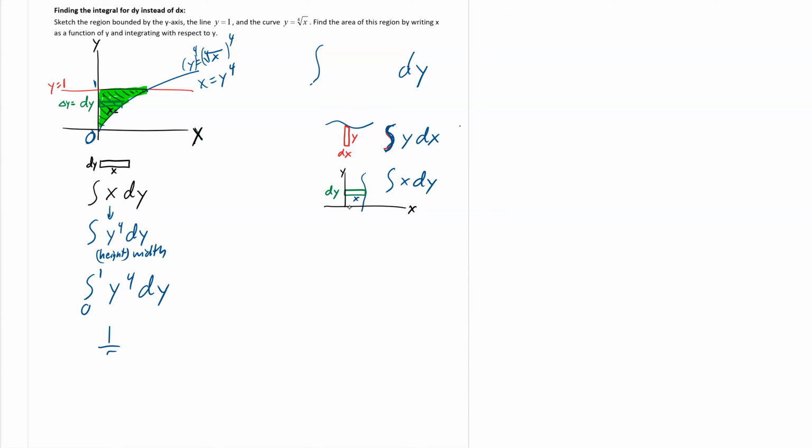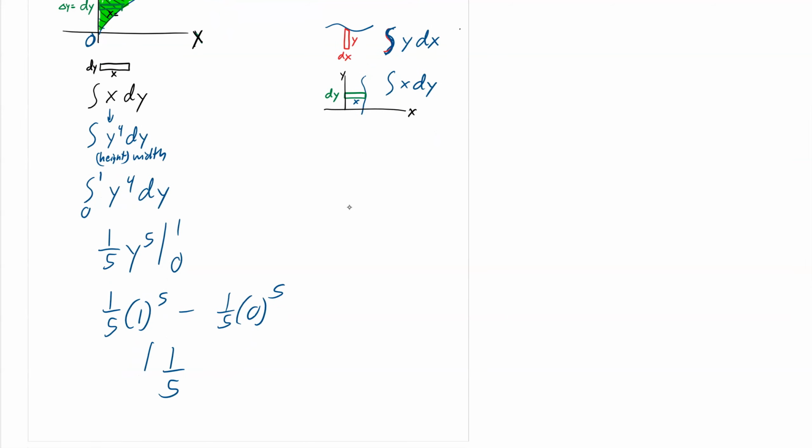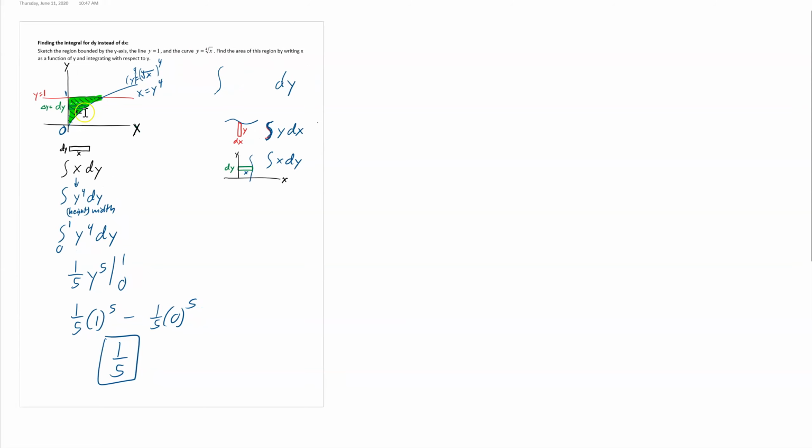So this is now 1/5 y to the fifth. Plugging it in, we get 1/5. So what is the area under the curve? That little region right there, 1/5. So you can see all we really did was just switch all the letters to get what we needed.